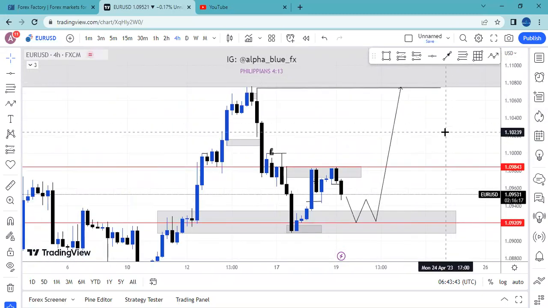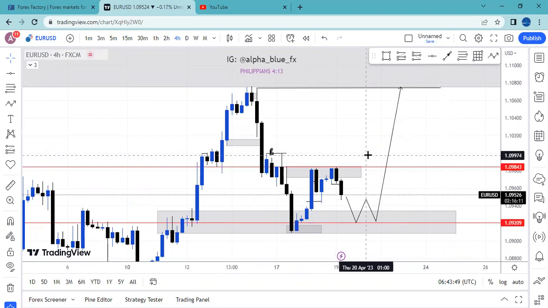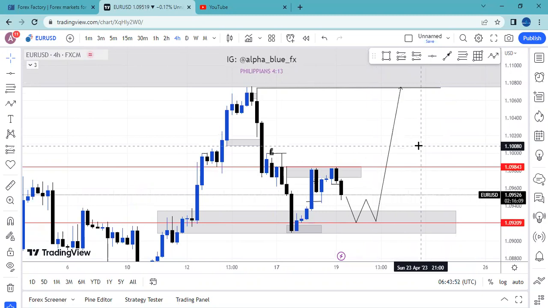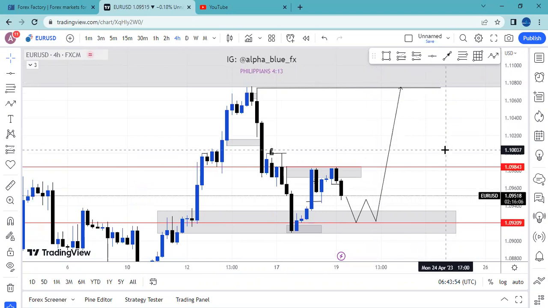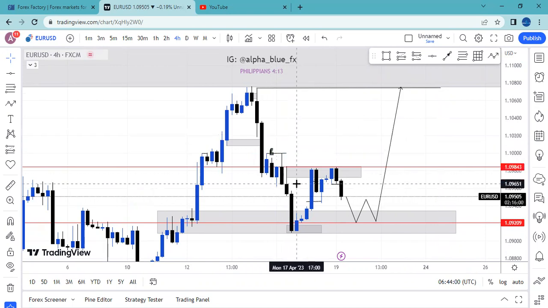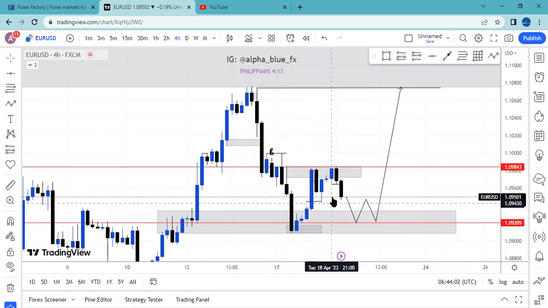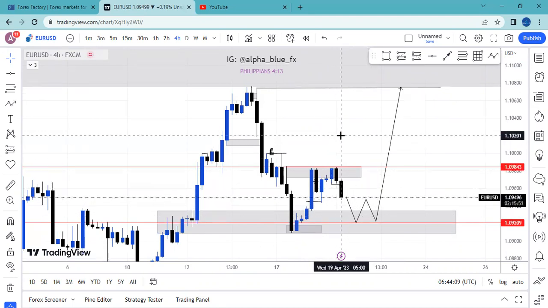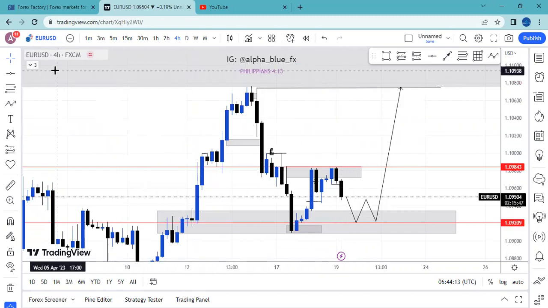Why? Because I'm looking at the macroeconomic point of view. Right now, the dollar is bearish because of the fundamental events that have been playing out. So this whole price movement you see in this range is just short-term price action playing out. But at the larger picture, I'm still expecting to see some bullish moves on Euro USD.